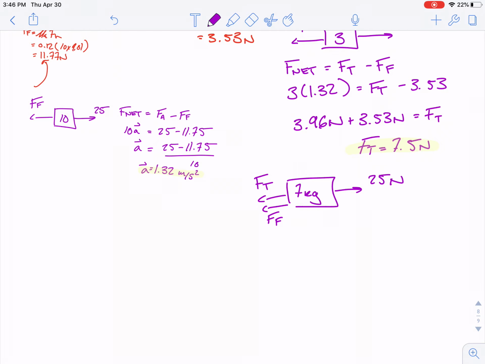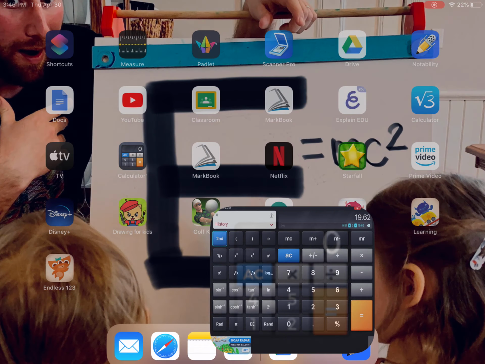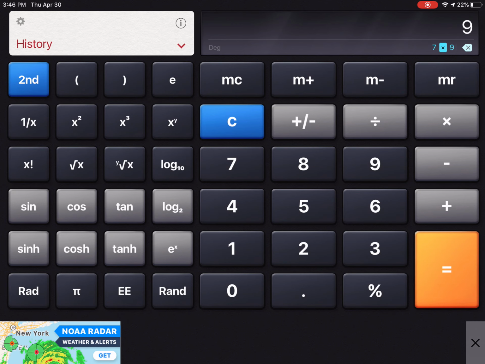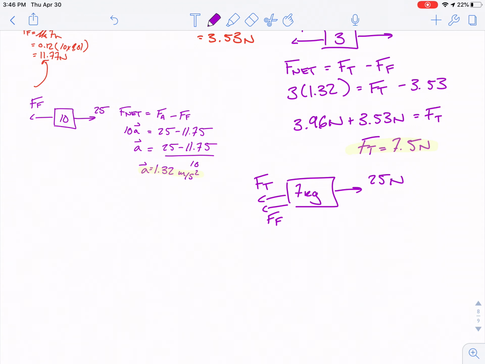This frictional force is going to be 7 times 9.81 times 0.12, so 8.24 newtons. So our F net is going to be this 25 newtons because it's going forward, minus the force of tension, which we're trying to find, minus 8.24 newtons.